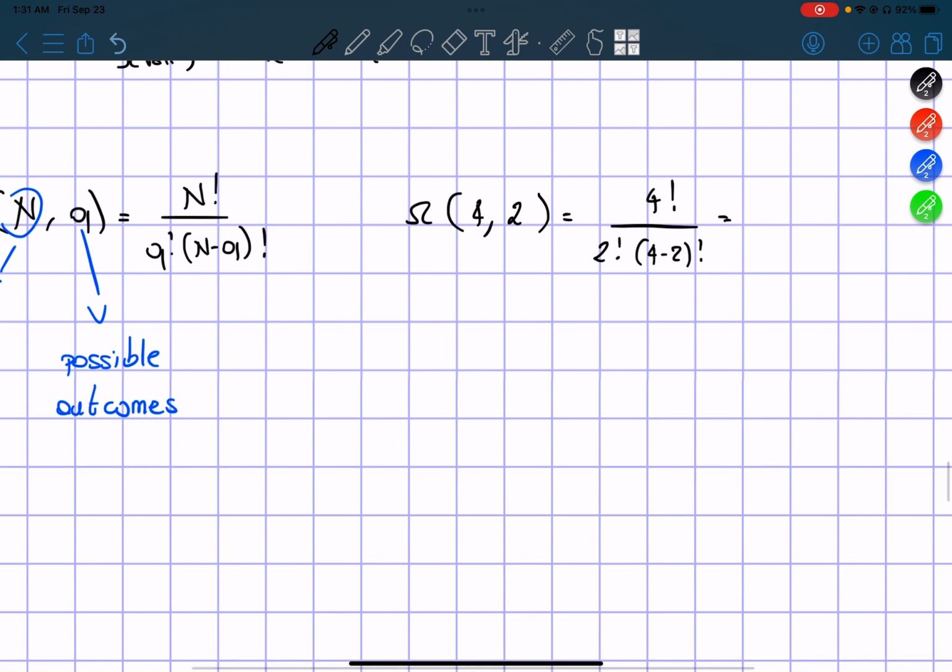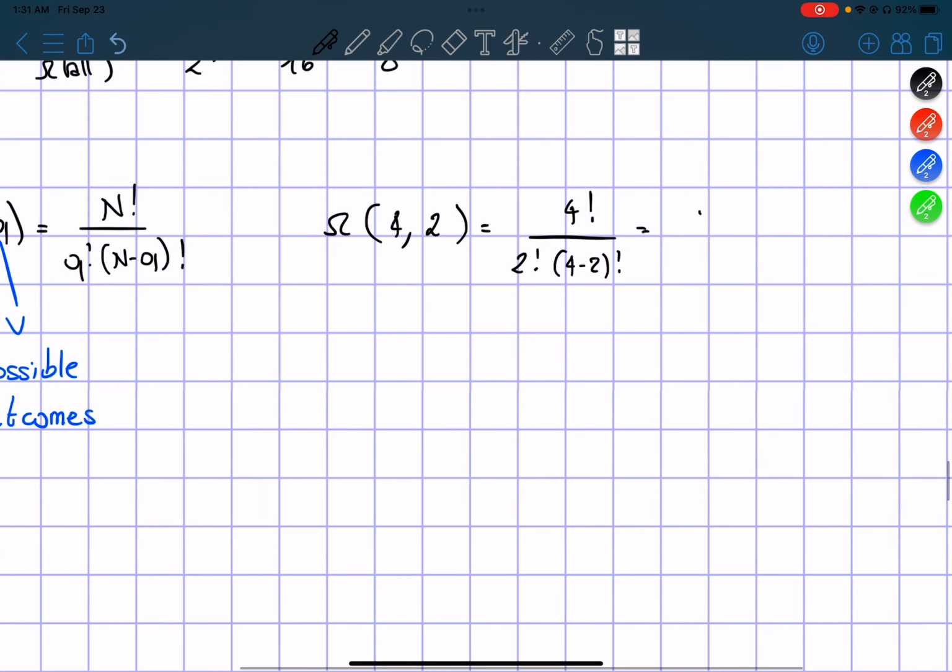So 4 factorial is 24. 2 factorial is 2, times 2 factorial. Yeah, which is 24 over 4, which is equal to 6.